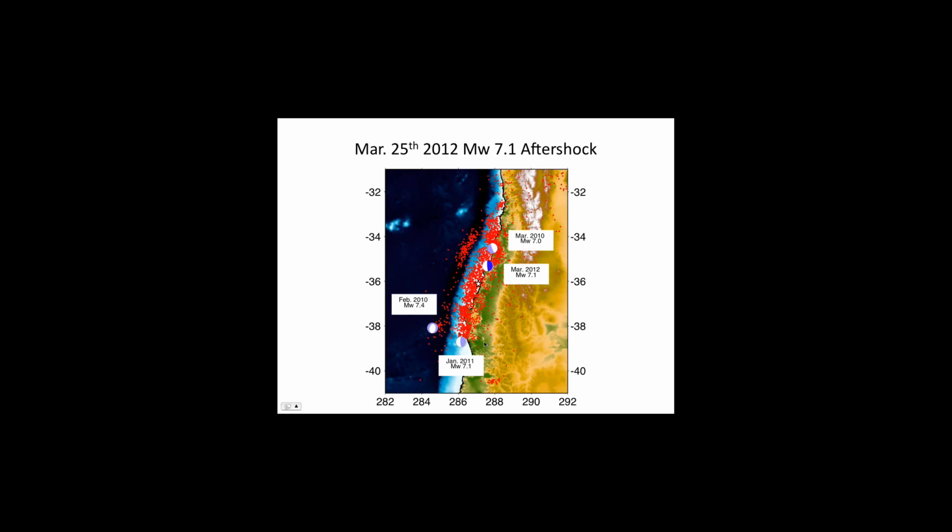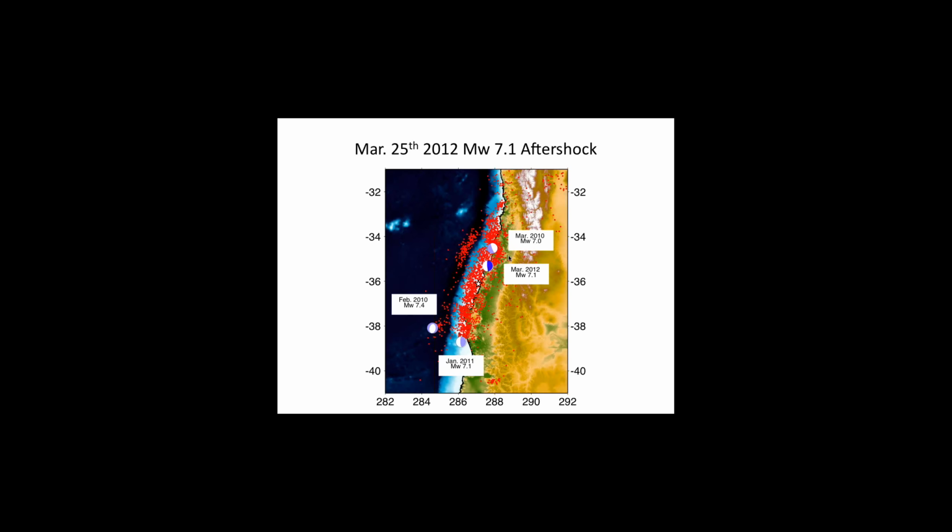And then about a year after the main shock, you had this aftershock to the south, which is right at the southern border of this aftershock distribution. And then about a week ago or so, a little over a week now I guess, you had this aftershock right in the middle of the aftershock sequence from the previous 2 years. It has the right focal mechanism to be on the interface and also the right depth.